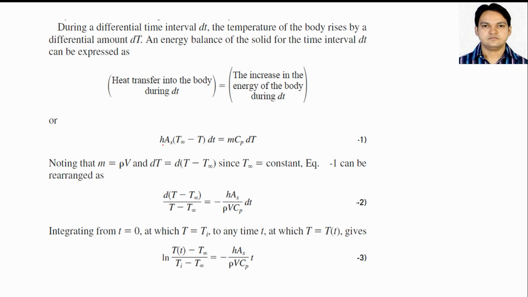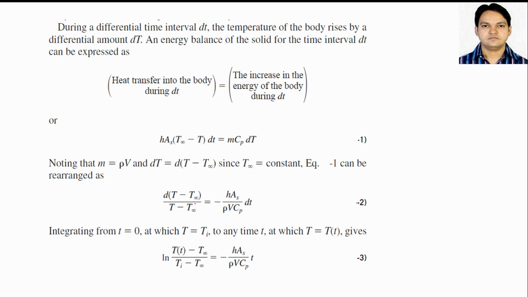So we can write this equation: hA_s(T_∞ − T)dt will be equal to mc_p dT. Noting that mass is nothing but density times volume, and dT, the change in temperature, is d(T − T_∞), where T_∞ is the ambient fluid temperature, which is constant.